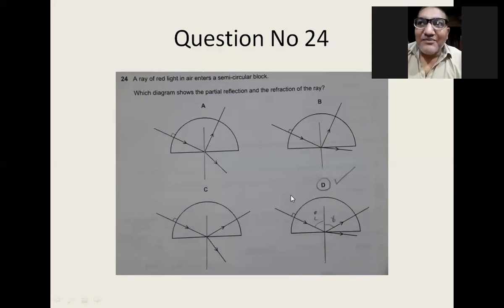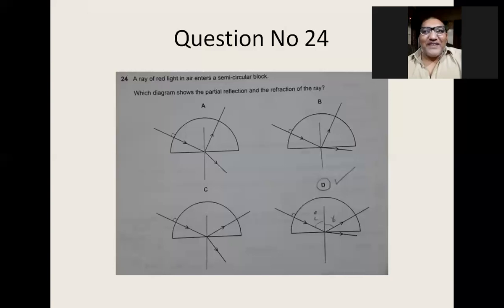Look at diagram D. The angle of incidence and angle of reflection are both equal to each other, so from the reflection point of view, this diagram is correct. Now for the refraction, the light when it came into the air from the glass was supposed to bend away from the normal, and it has bent away from the normal. So D is the right diagram. So D is the right option, sir.